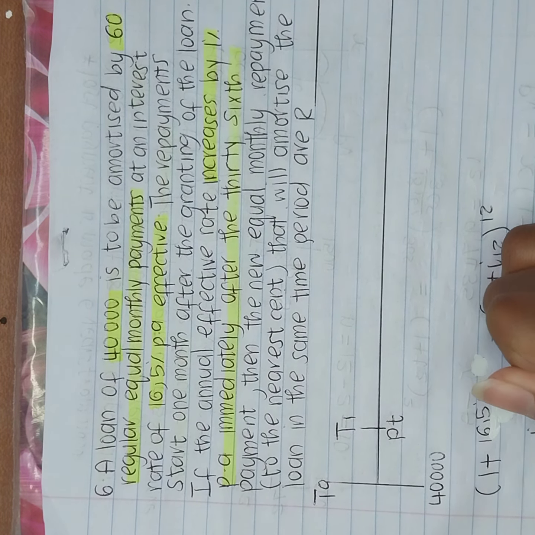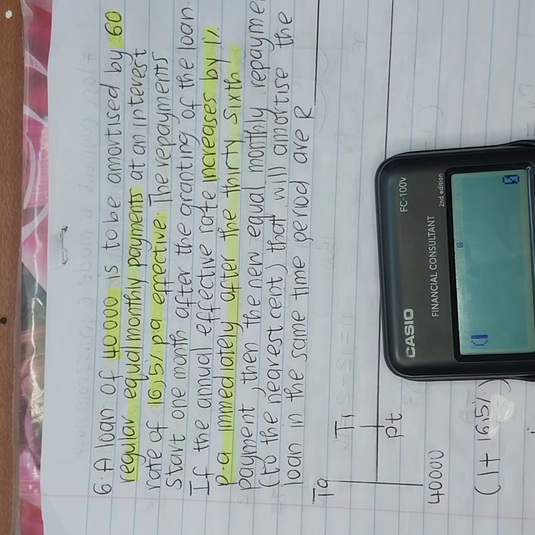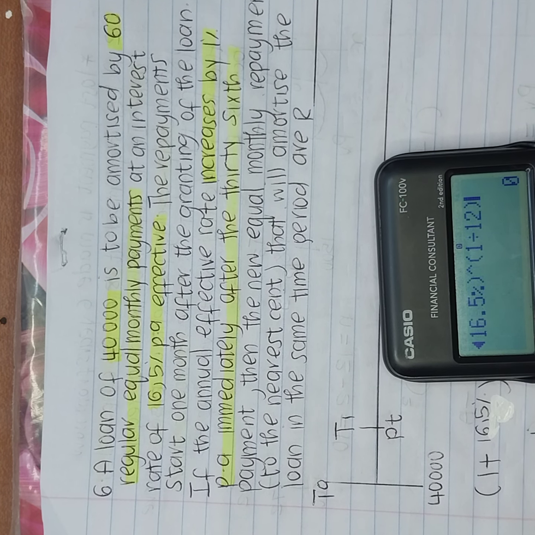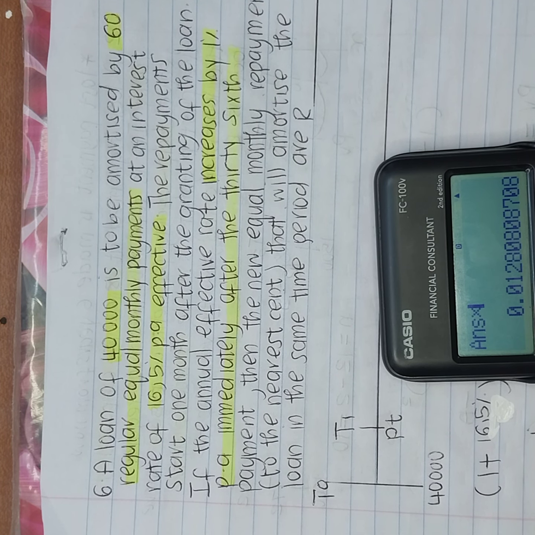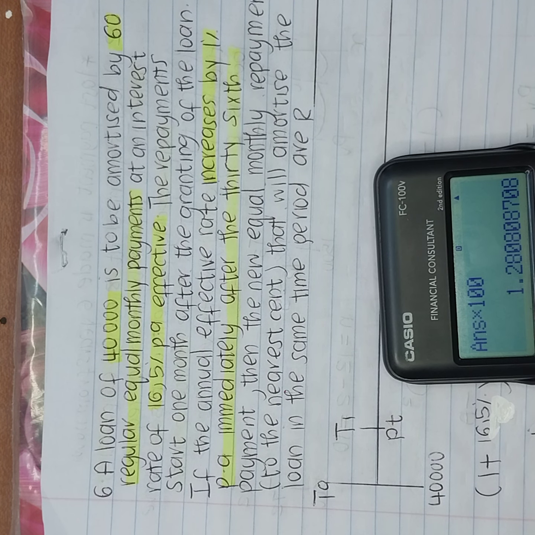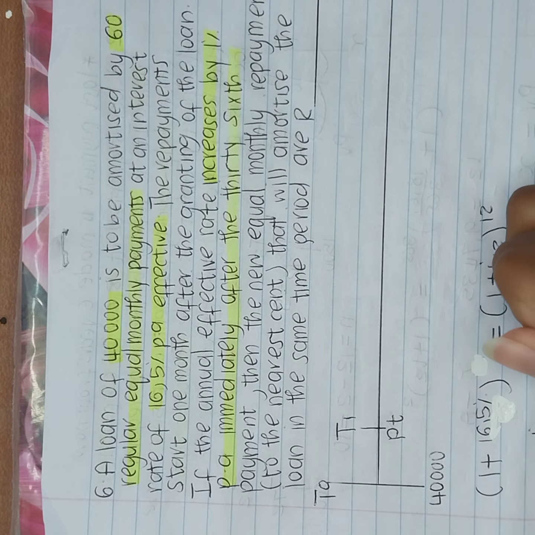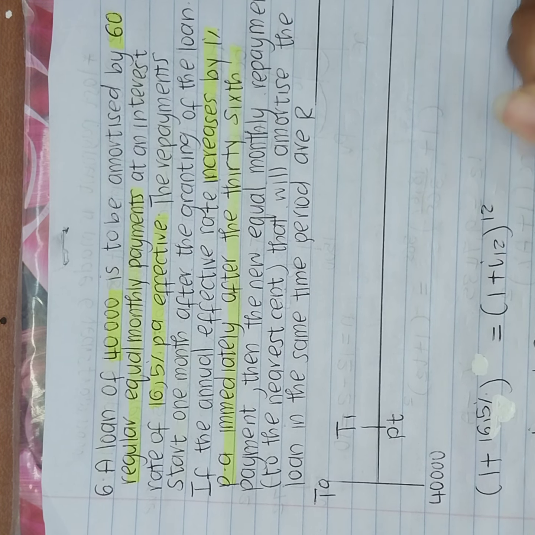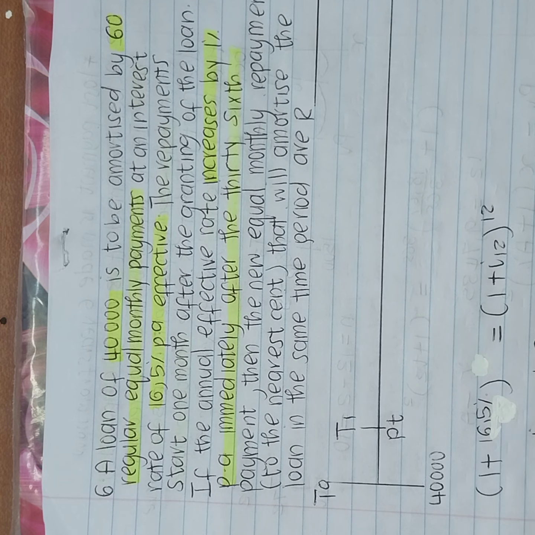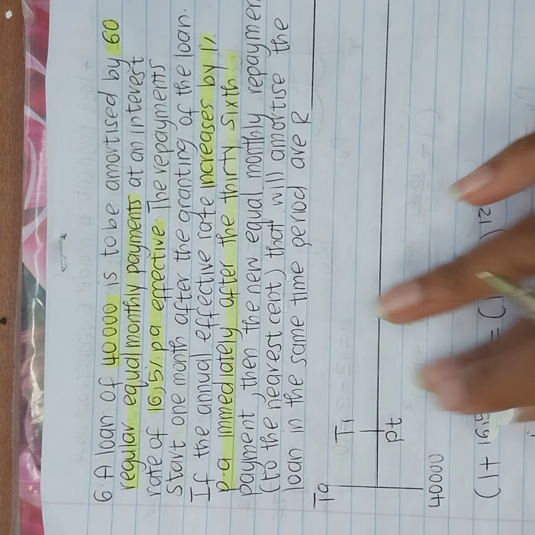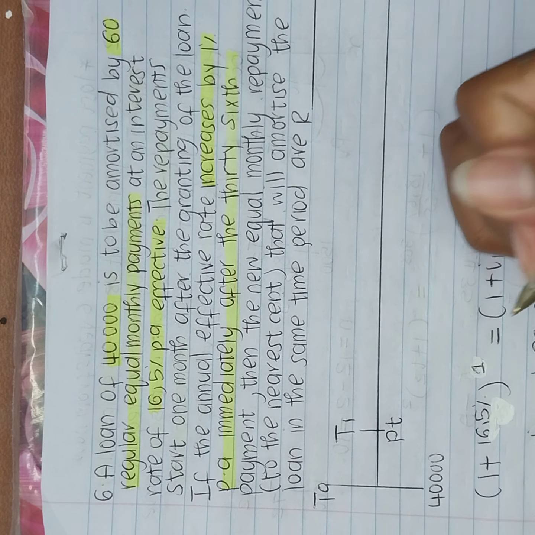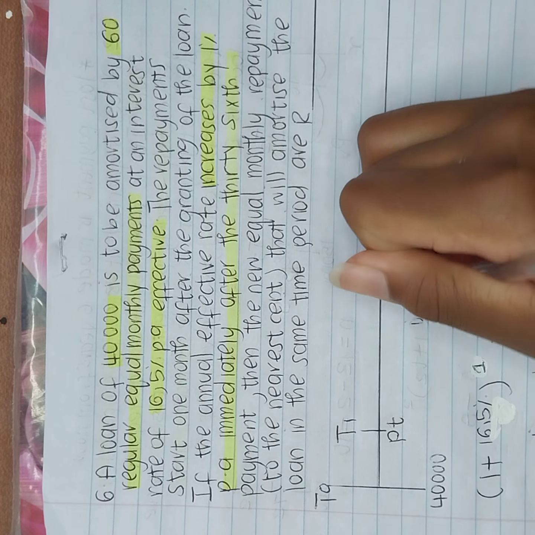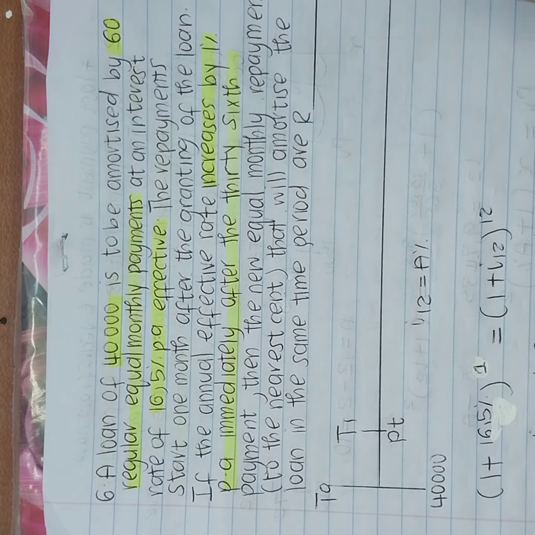So my I-12 is equal to 1 plus 16.5% to the power of 1 divided by 12, minus 1, times 100. Okay, and I get 1.28080. I'll store this under A. So my I-12 is A%.